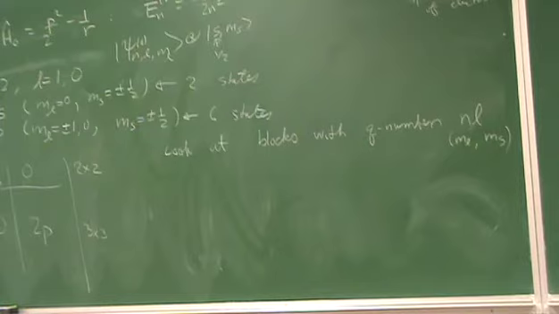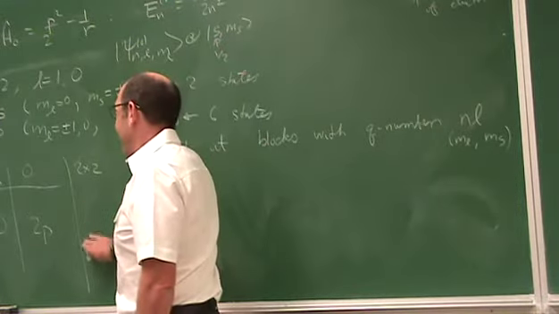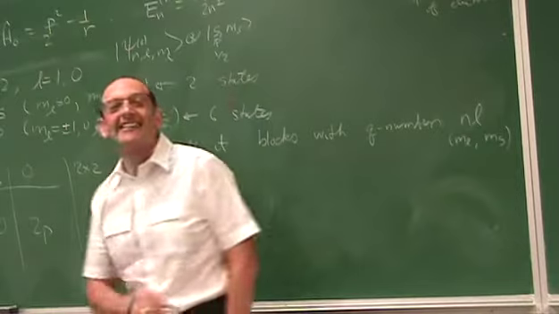Does the matrix have to be 2 times 2 and 6 times 6? It does have to be that, indeed. I should say 6 by 6, sorry. 2 times 3 is 6, indeed, thanks.